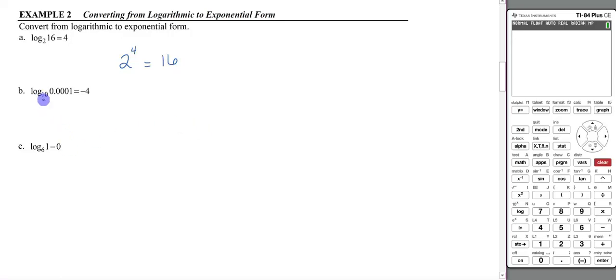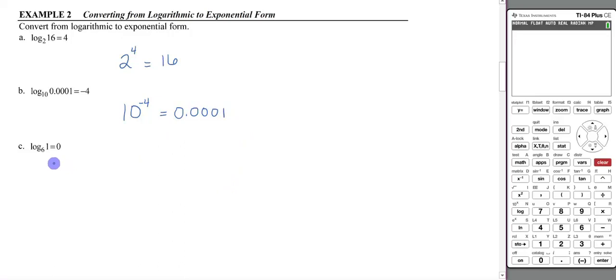Here we have log base 10 of 0.0001 equals -4. So our base is 10. Remember, a log is an exponent, so your exponent is -4. And we know that 10 to the -4 is the argument of that logarithm, 0.0001.